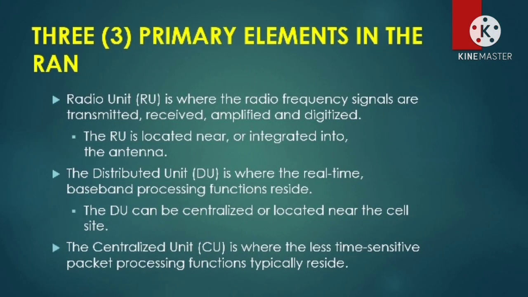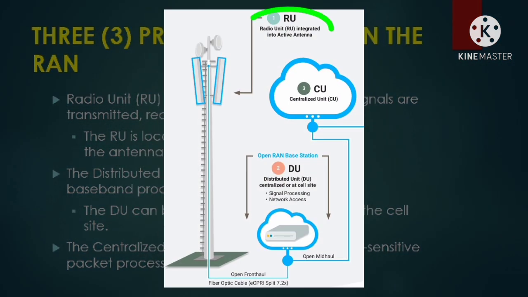There are three primary elements in the RAN. First, the radio unit, or RU, is where the radio frequency signals are transmitted, received, amplified, and digitized. The RU is located near or integrated into the antenna.